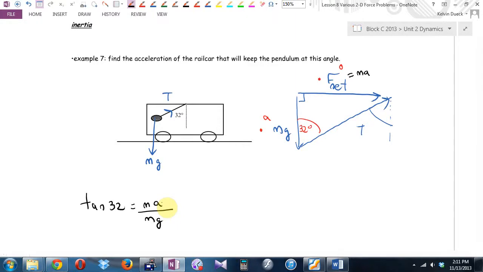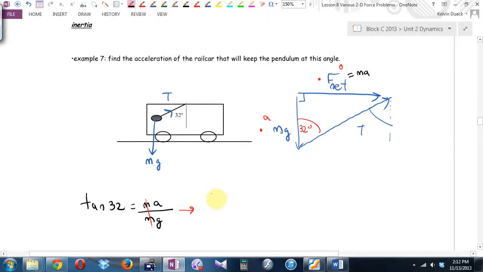Neve, did they tell me the mass that was hanging? Why not? Oh, look at that. In fact, Neve, what did this question want me to find? How would I get the a by itself?